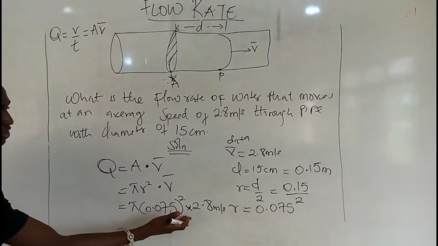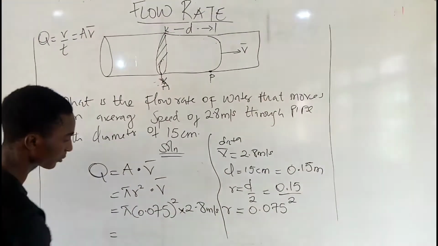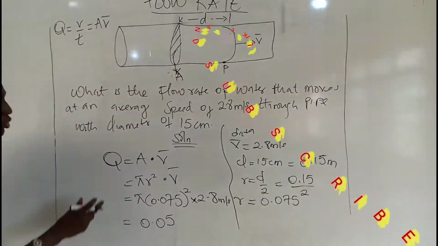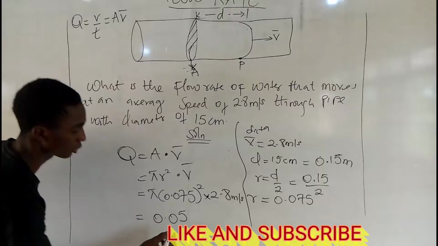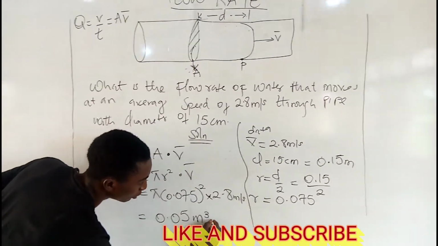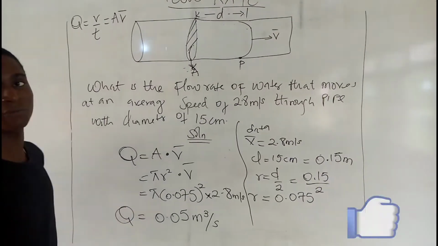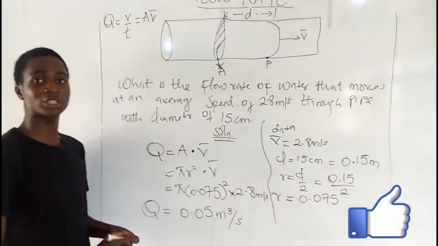So if you press this in your calculator, you are going to have 0.05, and the unit of flow rate that we got was meter cubed per second. So this is how simple and easily you can solve for the flow rate of a fluid.